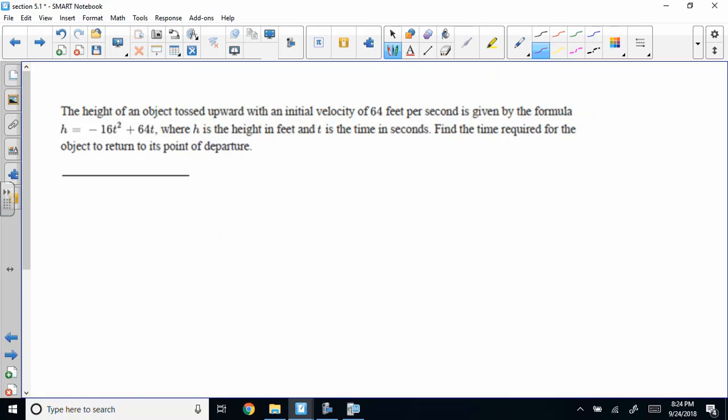All right, let's get into some word problems. The most famous word problems that you could ever do for a quadratic are projectiles. You're going to shoot something, you're going to use a quadratic equation. Anybody study ballistics, the paths of bullets and whatnot?